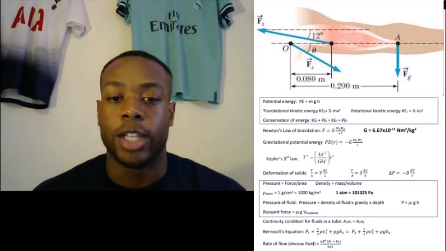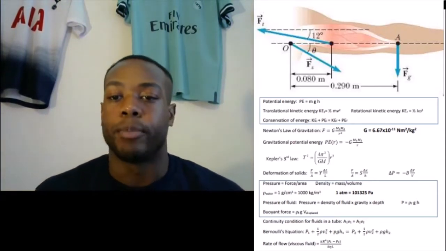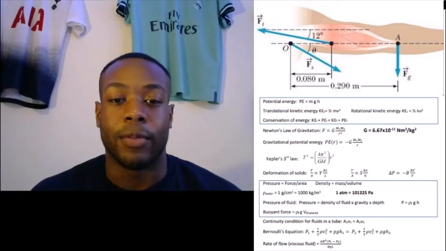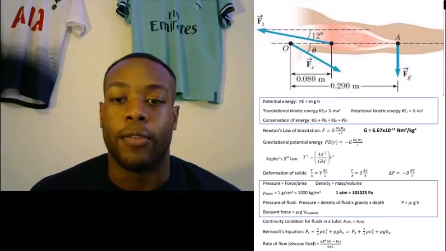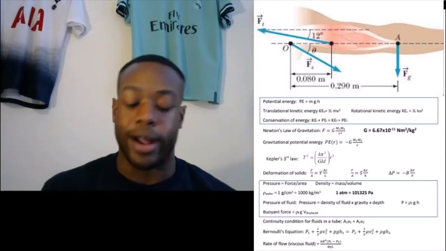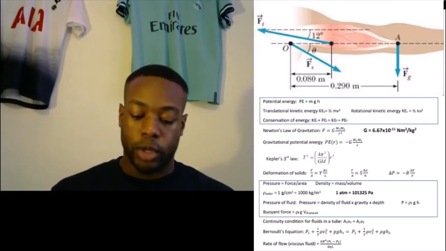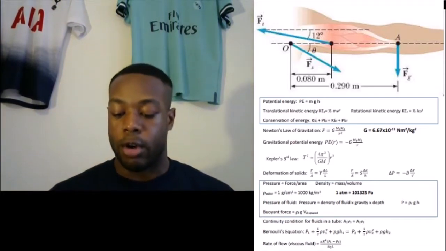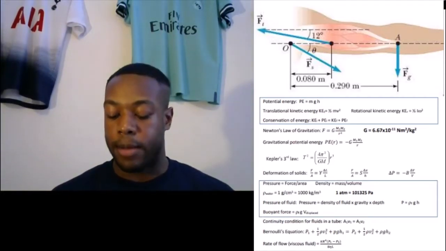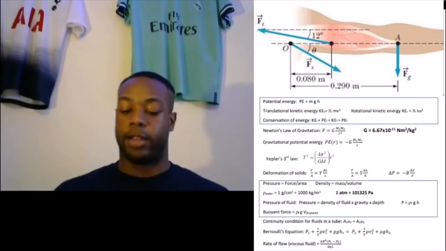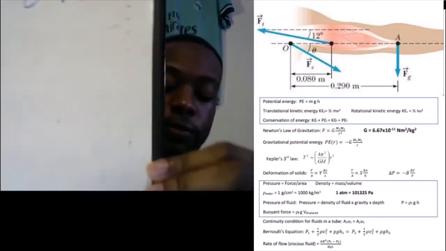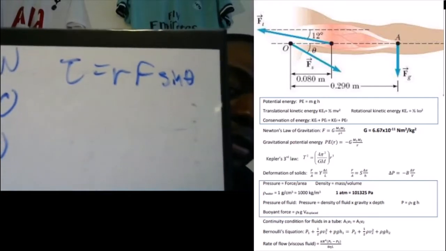We have force S acting on the hinge point, so it's not going to provide any torque, but we've got force T providing torque, and we've got force G, or the weight of the arm, providing torque. So let's write that out. Of course, we know that our torque should equal R, our radius, times the force times sine of theta. That's what I've written so far.